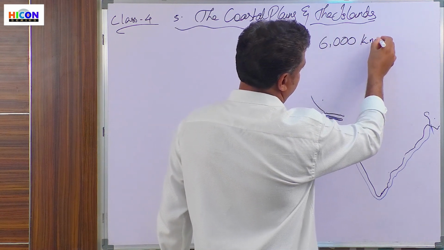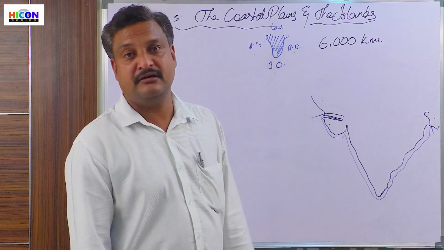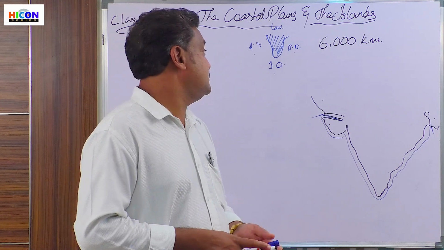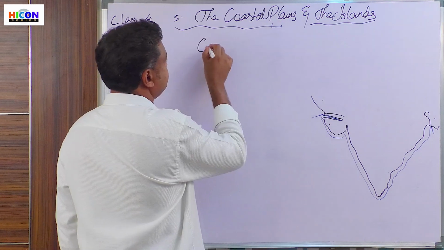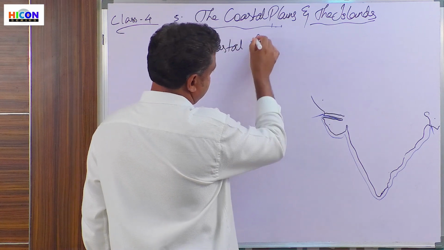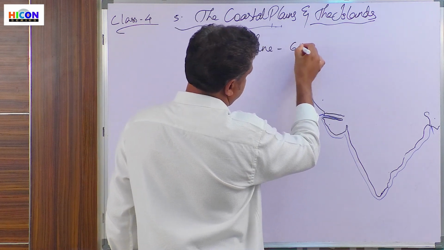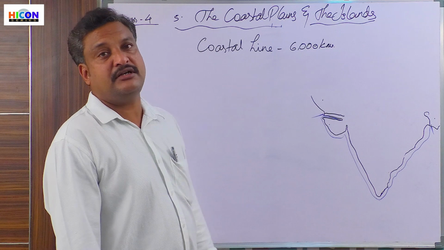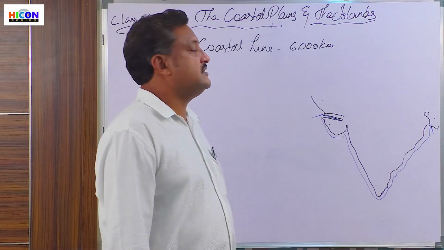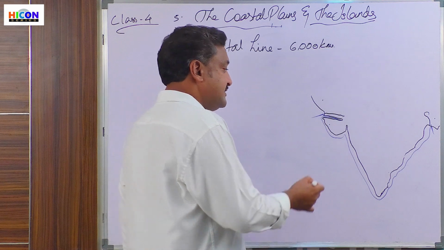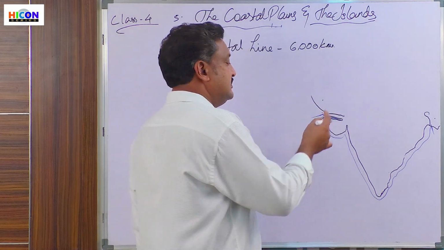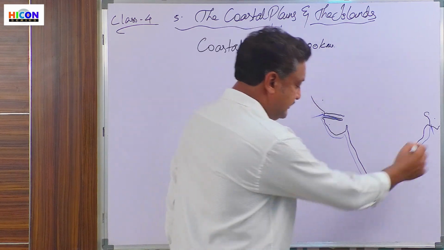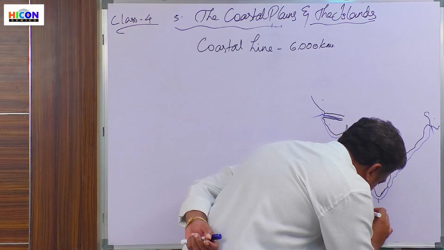6,000 kilometers. So the total length of the coastal line of India is 6,000 kilometers, and it starts from Gujarat, covers the entire western area and reaches here, and this is Kanyakumari.